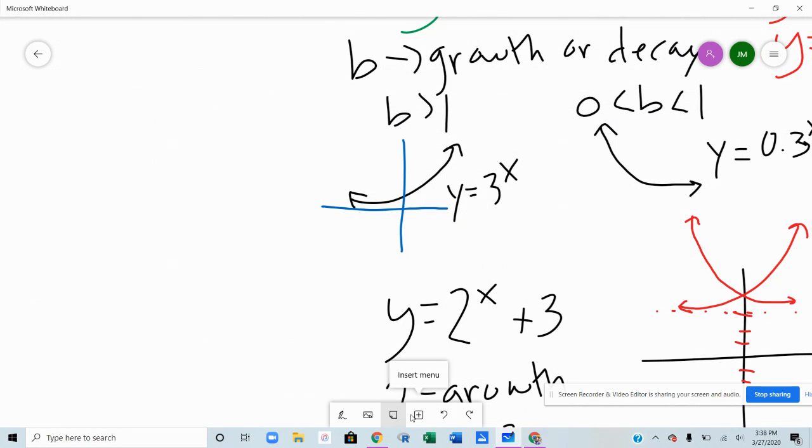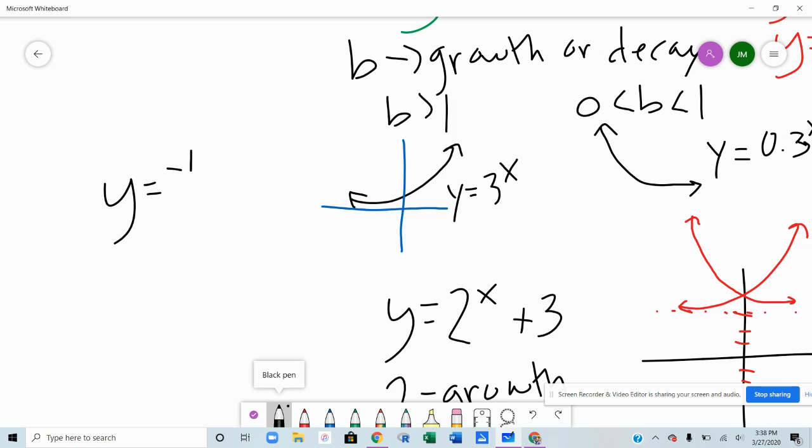So if you have something like y equals -1 times 3 to the x, and you will actually see this -1 here. It won't just be a negative sign, because it's -1 times and then it's 3 to the x. So 3 to the x looks like this. -1 times 3 to the x doesn't change this line, it never crosses, but it flips your graph upside down.